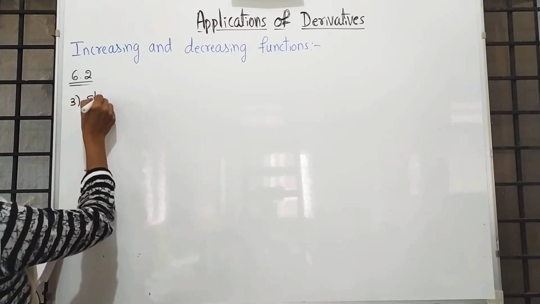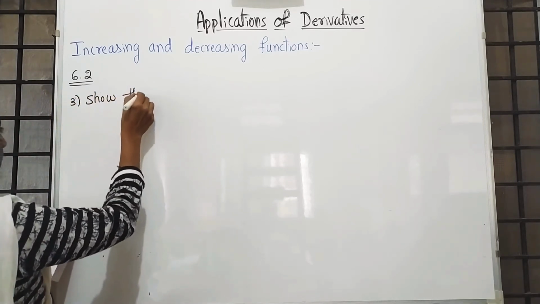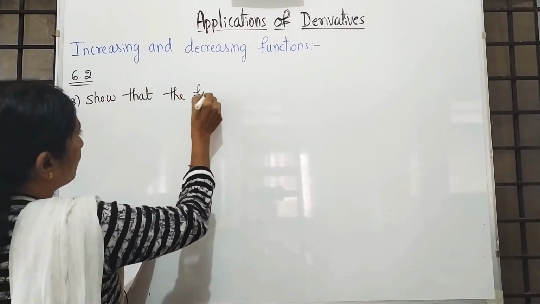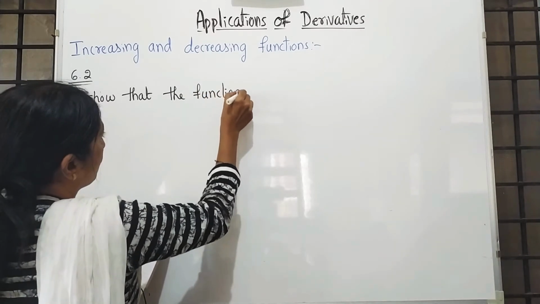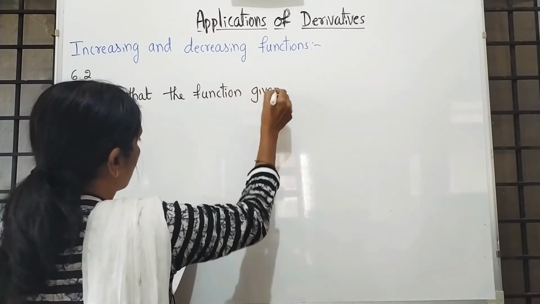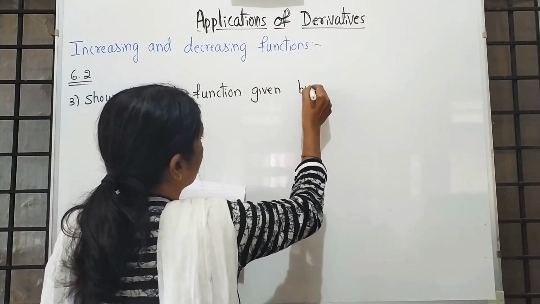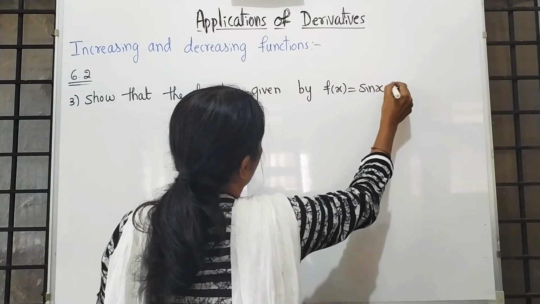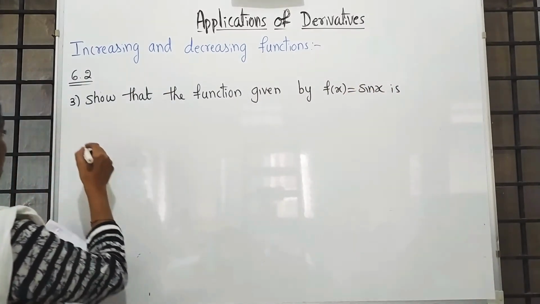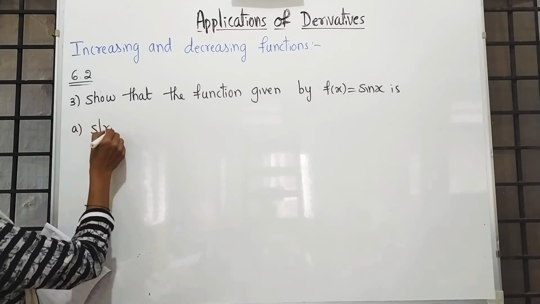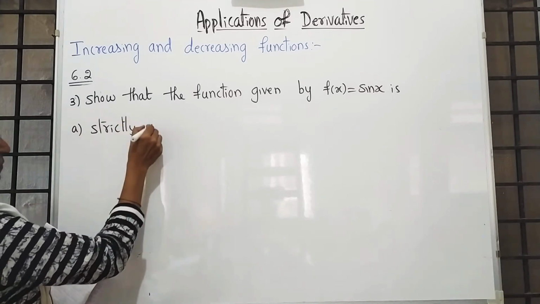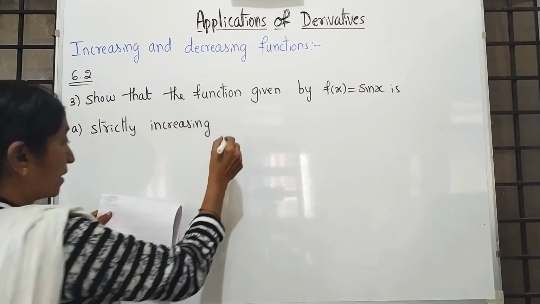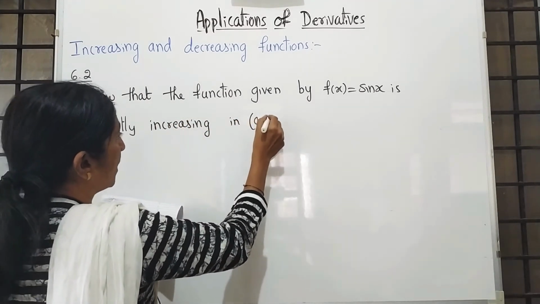Show that the function given by f of x is equal to sin x is, first one, strictly increasing in 0 comma pi by 2 interval.